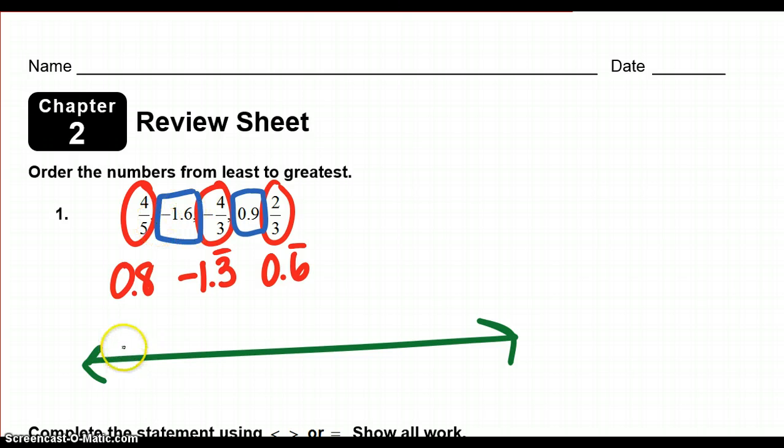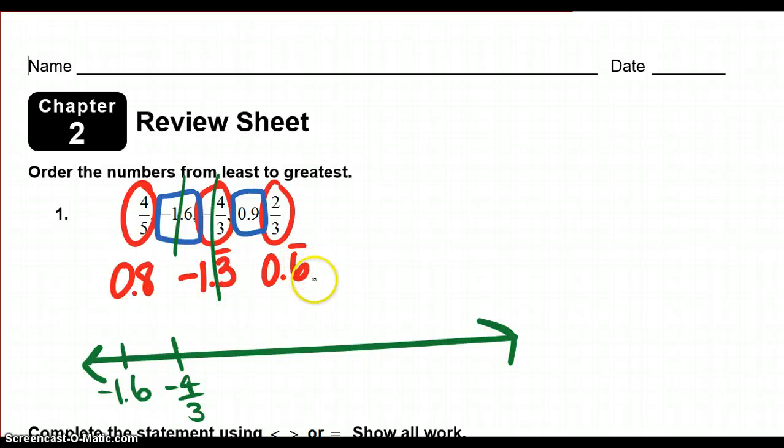The least value is negative 1.6. Okay, and I can write that as negative 1.6 because that's how it was in the problem. The next least is negative 1.3, which in the original problem was negative 4/3. And the next least is 0.6 after 0, repeating. Oops, and I wrote that as the wrong version.